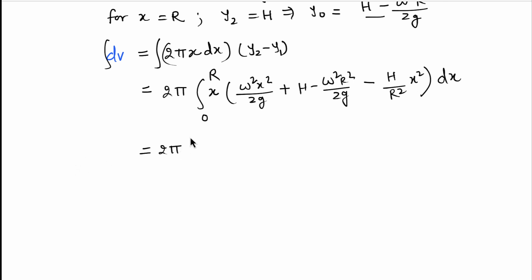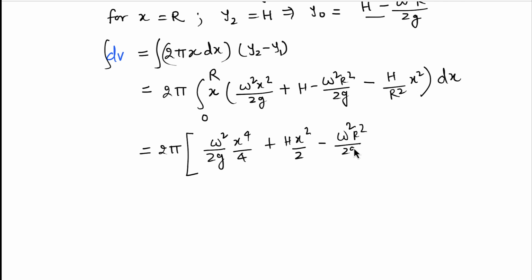So 2 pi, this is omega square by 2g, and it will become x cube. So this is x to the power 4 by 4. This is hx, so h x square by 2 minus omega square r square by 2g x. So it will be integrated to x square by 2 minus h by r square, and this will be x to the power 4 by 4.